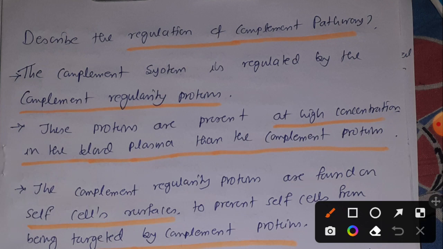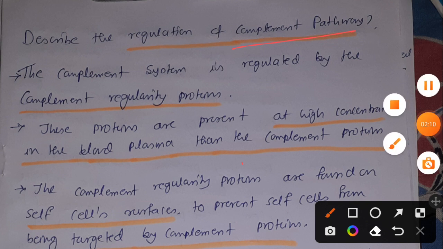Similarly, in the case of complement pathways that we have just completed discussing, for the classical pathway, alternative pathway, and lectin pathway, there should be some regulation that will protect our self cells from those complement proteins, right? Because if you study them very carefully, you can understand that the classical pathway, lectin pathway or alternative pathway cannot recognize what they are doing.